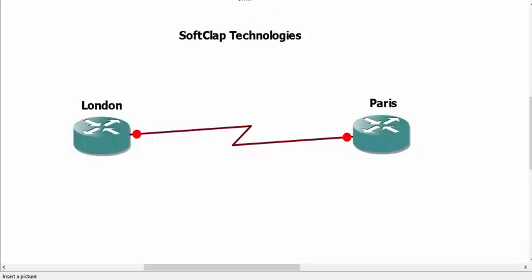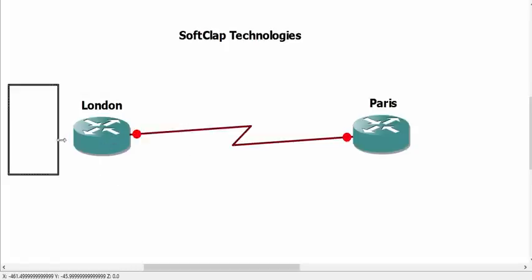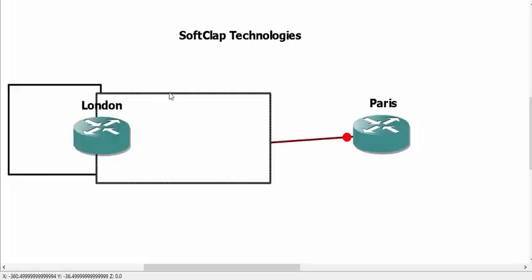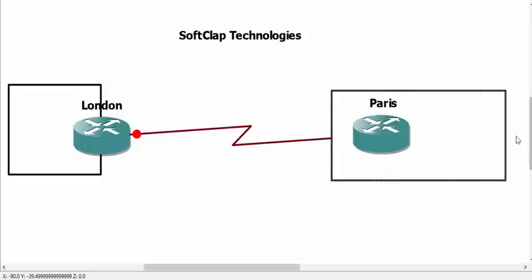I'm going to put that in a box. Draw a rectangle here, and another rectangle behind here.